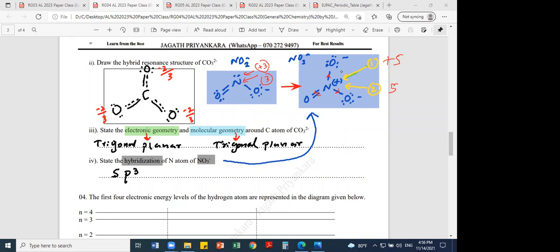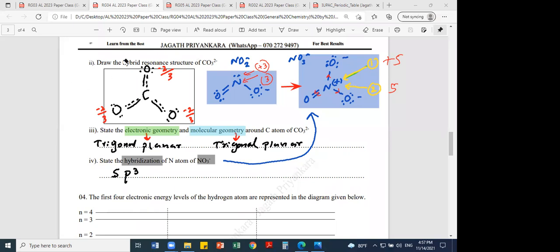Okay, Ransiluni and Chanit are asking again how to get the valency. Let's see nitrogen in nitrite first. How many bonds are around nitrogen? This is how you can easily get the valency.